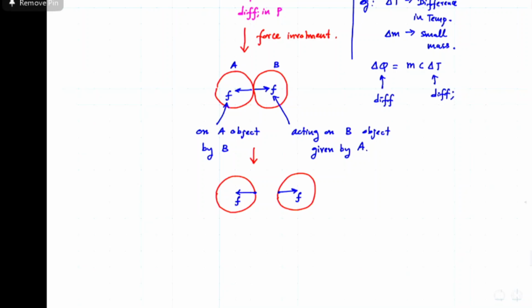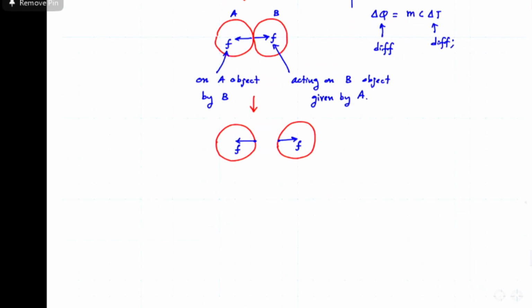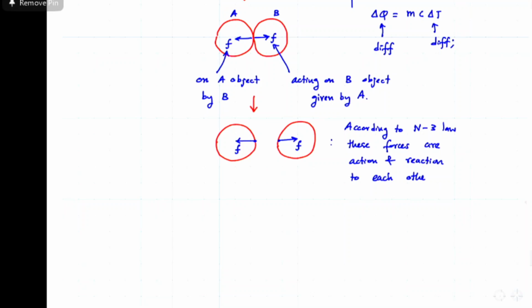So according to Newton's third law, these forces are action and reaction to each other.